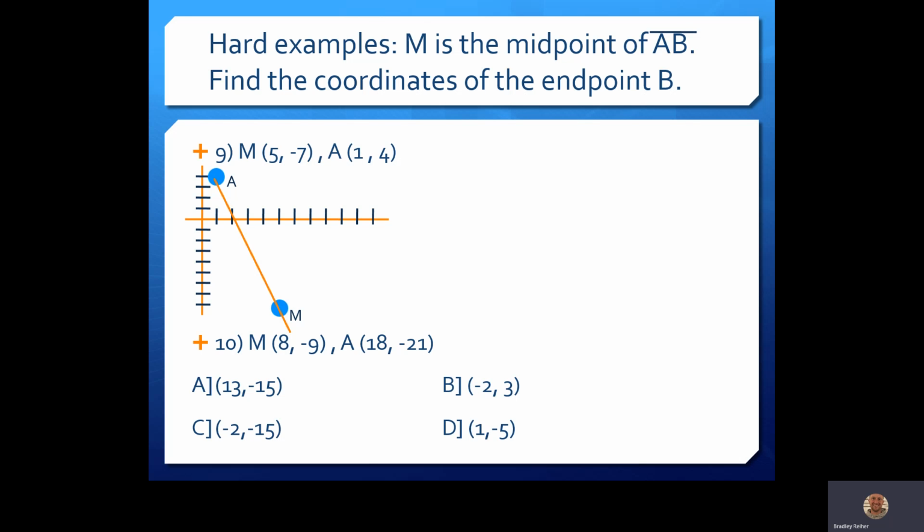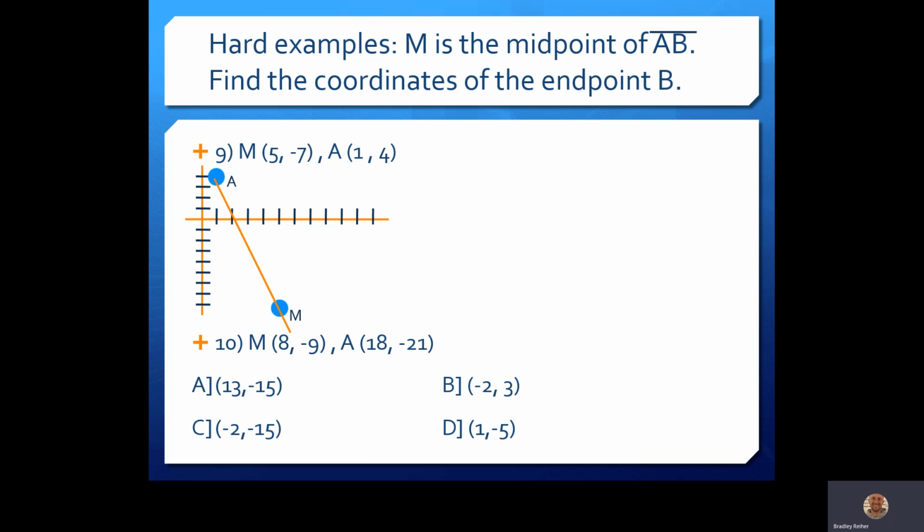If you look at the coordinates of the midpoint M, (5, -7), you're going to double those, multiply by 2. So 5 times 2 is 10, and then subtract the x coordinate. So 10 minus 1 is 9. So point B is going to have an x coordinate of 9.